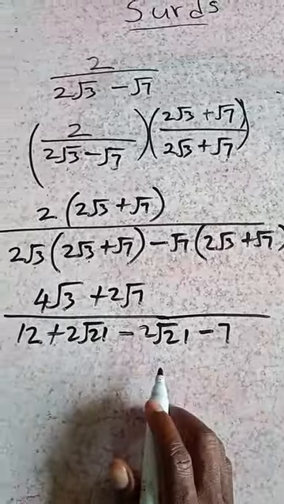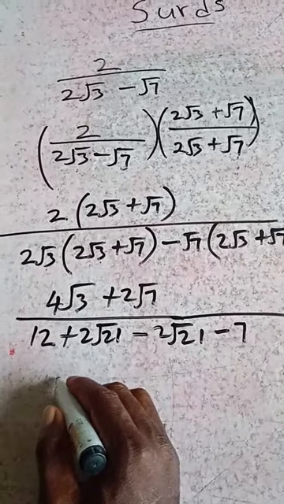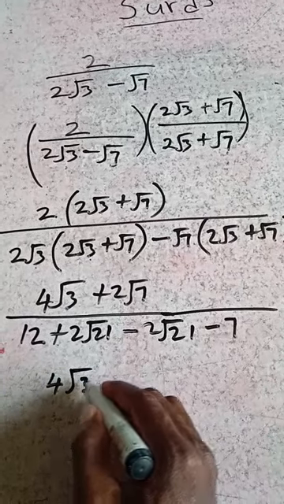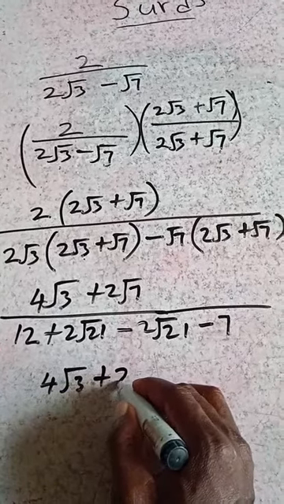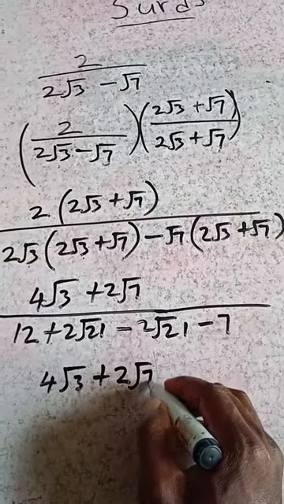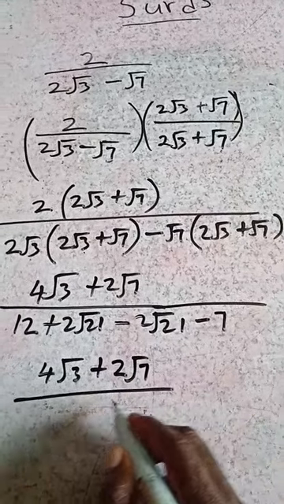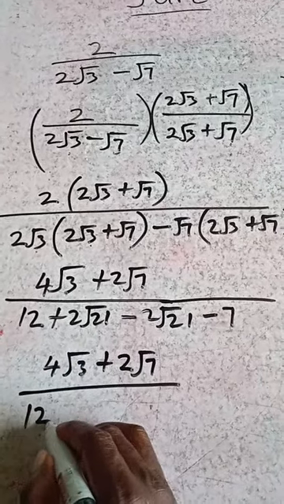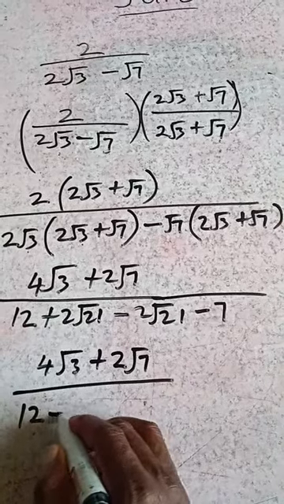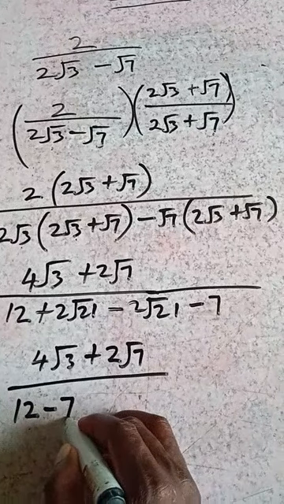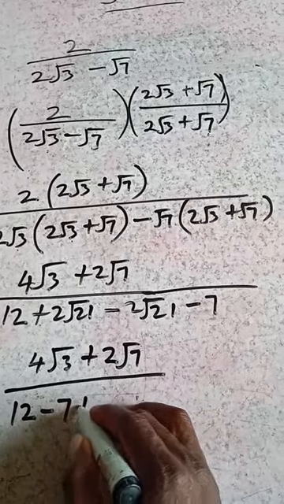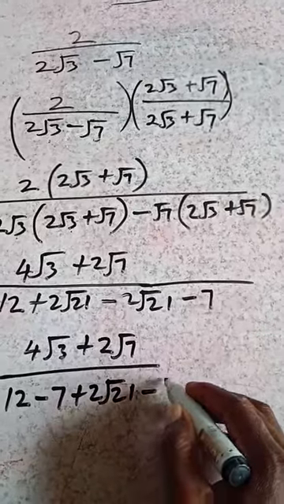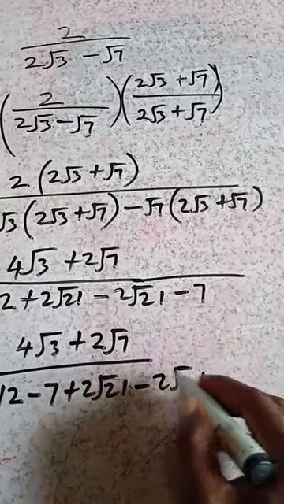So we'll write down the numerator, which is 4 root 3 plus 2 root 7, all over. Here we have numbers which are 12 minus 7 and plus 2 root 21 minus 2 root 21.